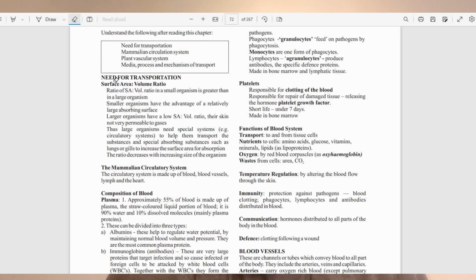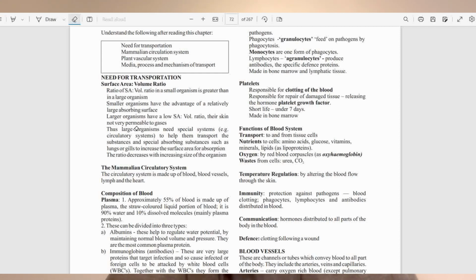So why do organisms need a transport system? It boils down to the concept of surface area to volume ratio. Small organisms usually have what is called a large surface area to volume ratio. As a result of that, materials can move by simple diffusion without the need for a complex transport system.